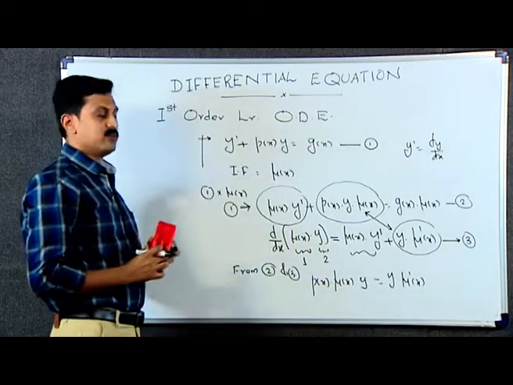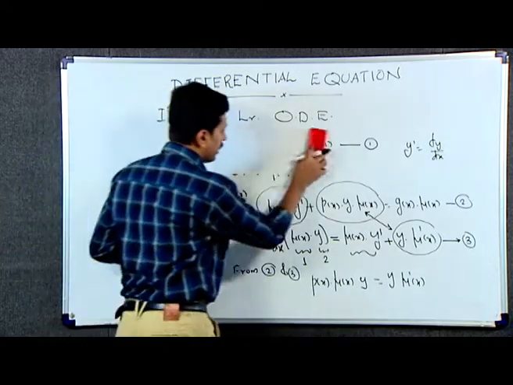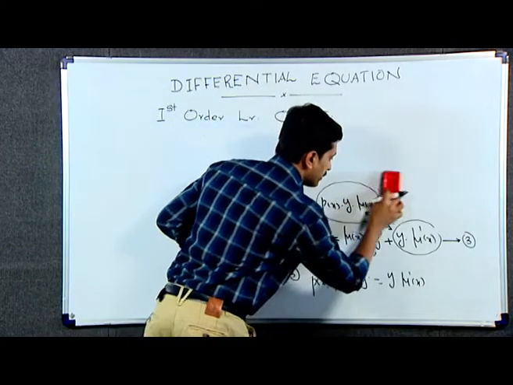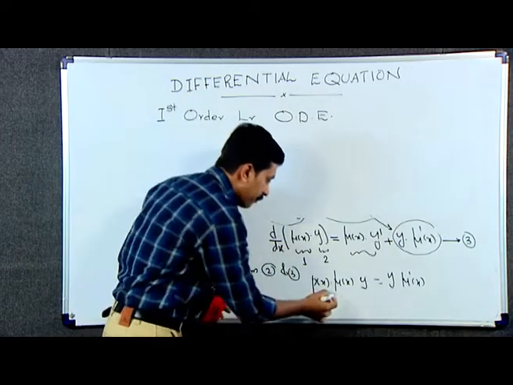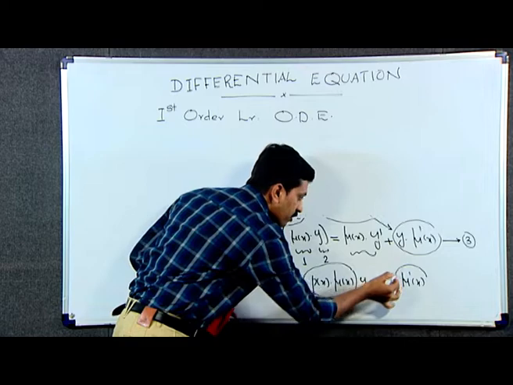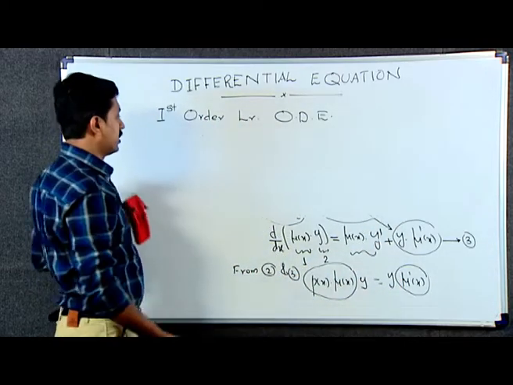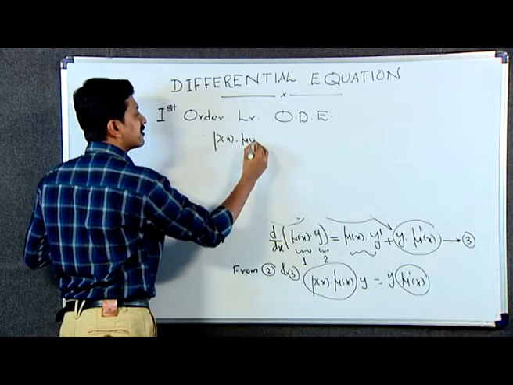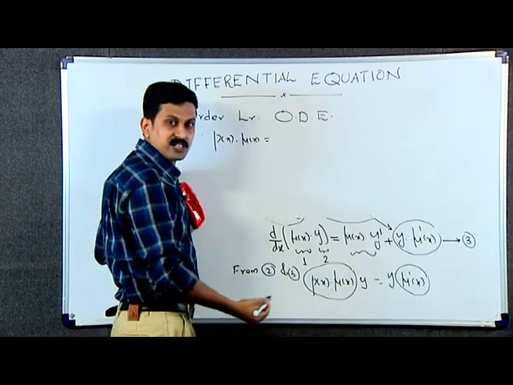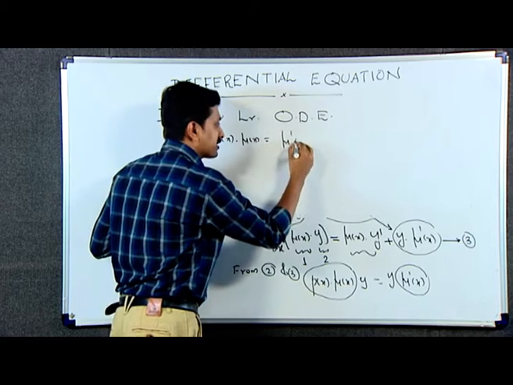From this relation, we have p of x into mu of x is equal to mu dash of x.